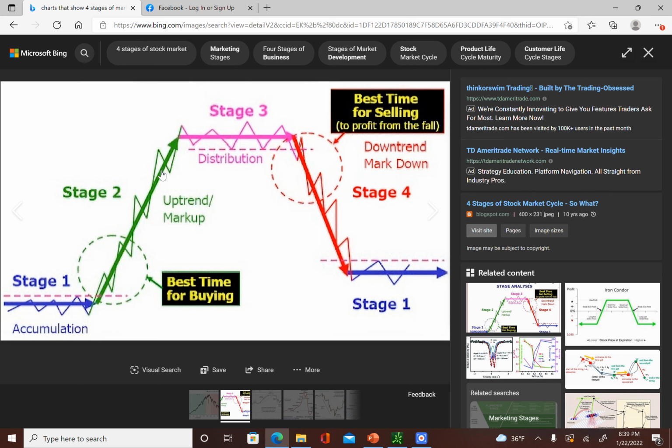Stage 2, you have your uptrend or markup, where you have a significant move upwards. As this shows, the best time to buy is at the beginning of a markup or uptrend.